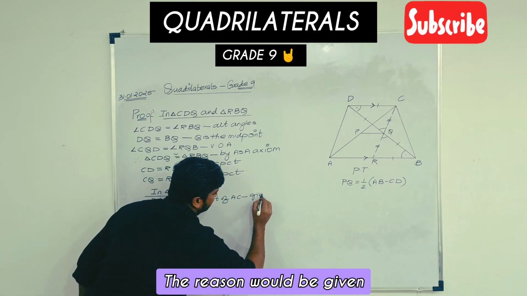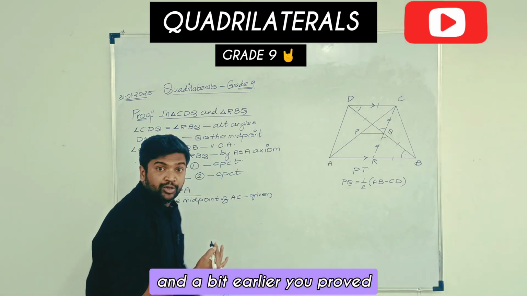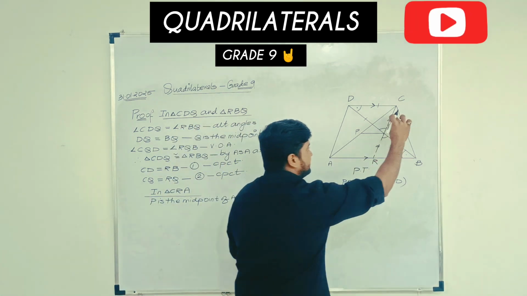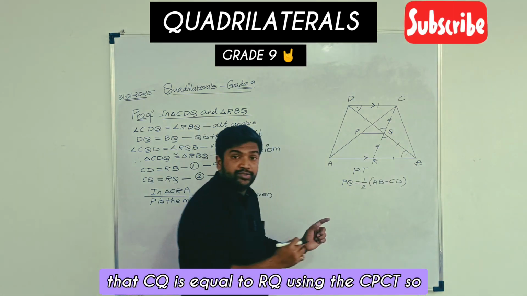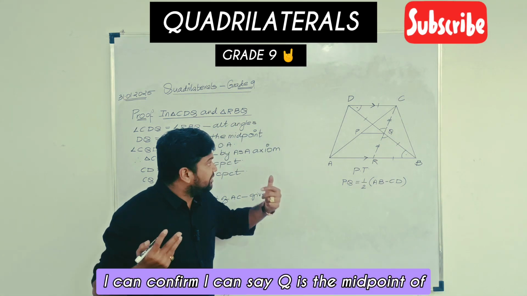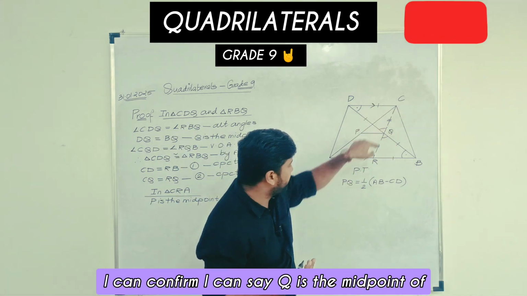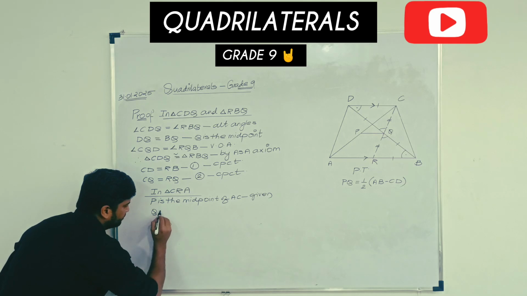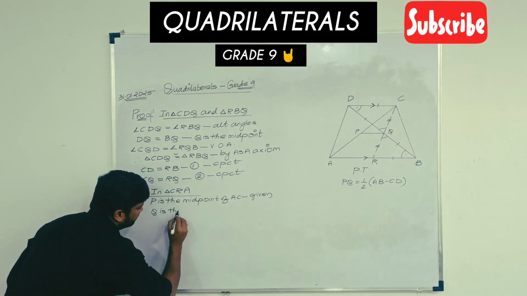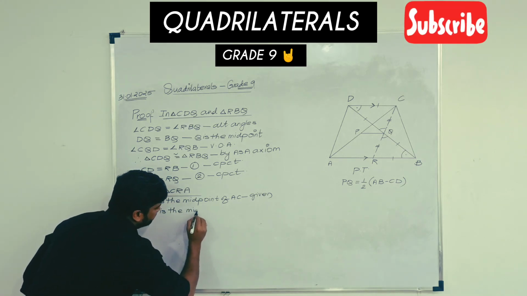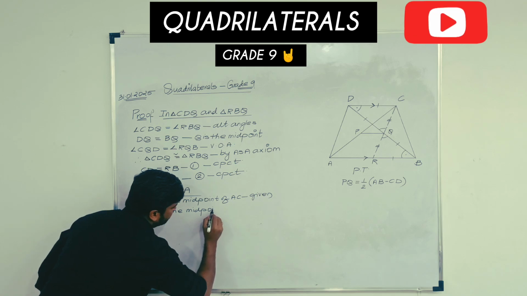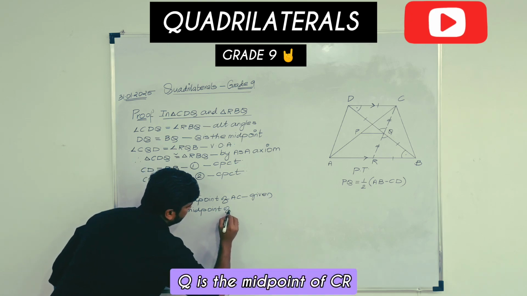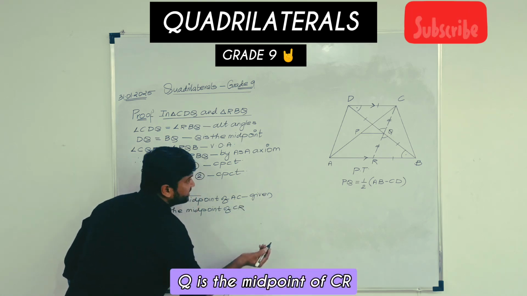The reason would be given. And a little while ago you proved that CQ is equal to RQ using the CPCT. So I can say Q is the midpoint of CR. So I'll write here Q is the midpoint of CR.